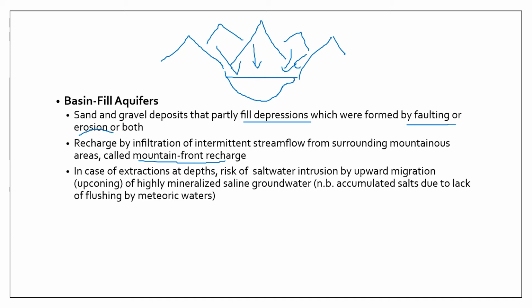One of the risks with basin fill aquifers is that you have more or less water that is just accumulating and accumulating at depth. Most of the water that is going out of your basin fill aquifers is going out through the surface, when it is overflowing, and so the bottom of your basin fill aquifers is more or less untouched.